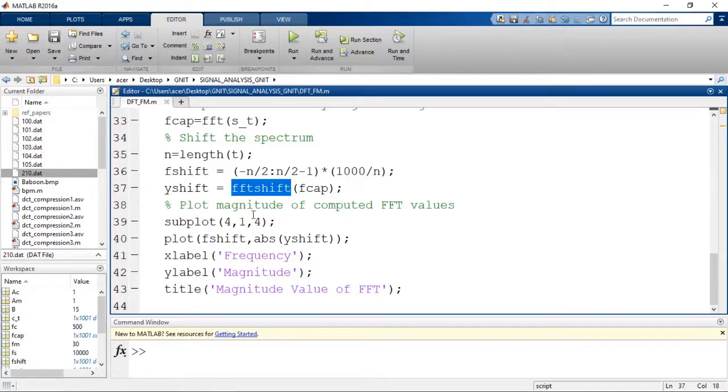Now subplot the magnitude of the computed FFT values, subplot 4 comma 1 comma 4, plot f shift, which is the frequency axis, then the absolute value of y shift. Then write x label frequency, y label magnitude, and title magnitude value of FFT.